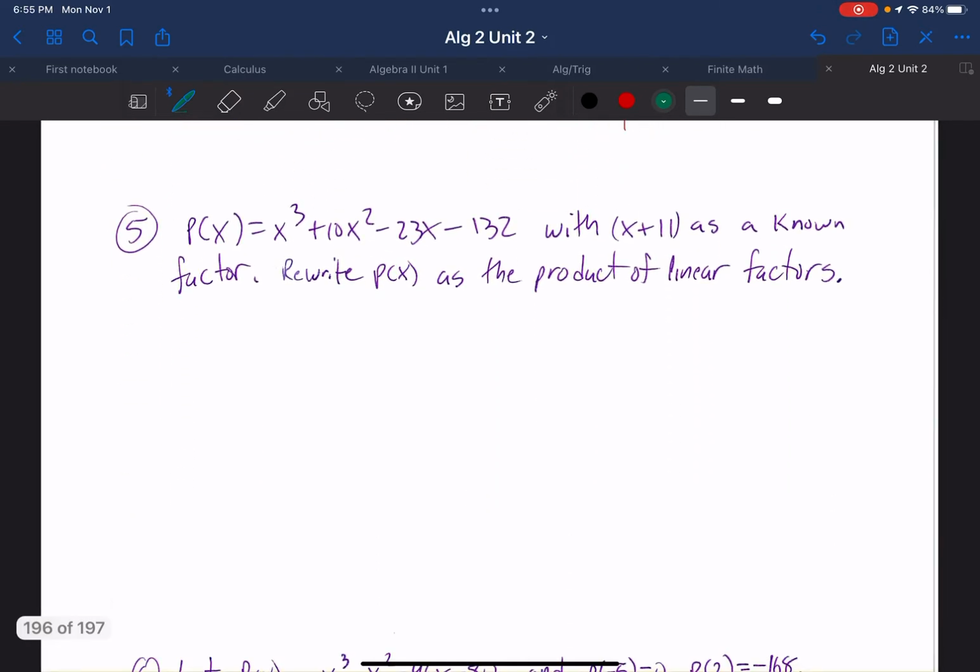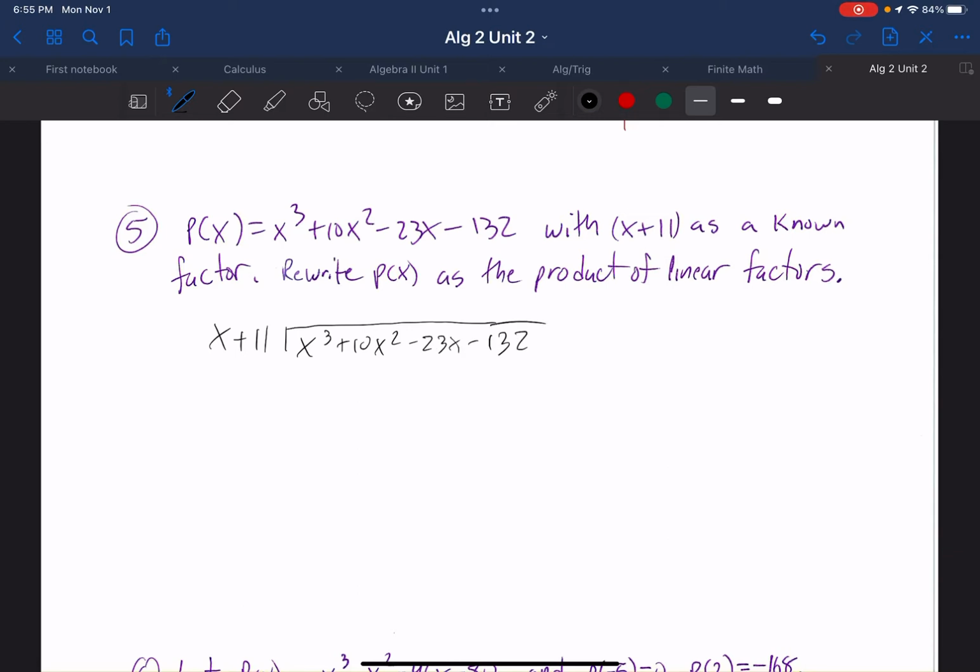All right, so now we have to rewrite this as a product of linear factors, and I gave you the first factor. So this means we're going to be dividing. So I have x plus 11, and then I'm going to divide that into x to the third plus 10x squared minus 23x minus 132.